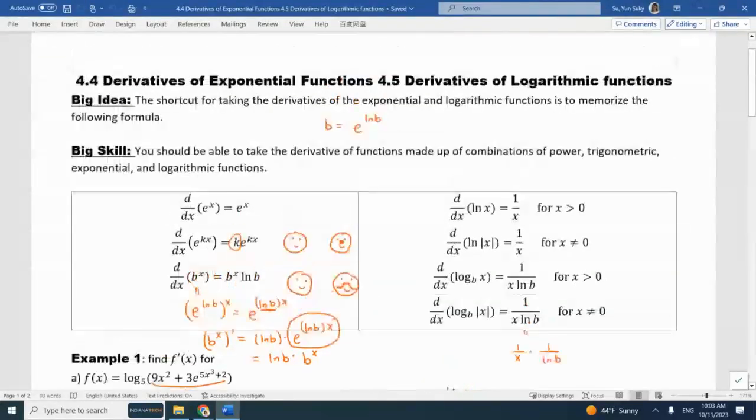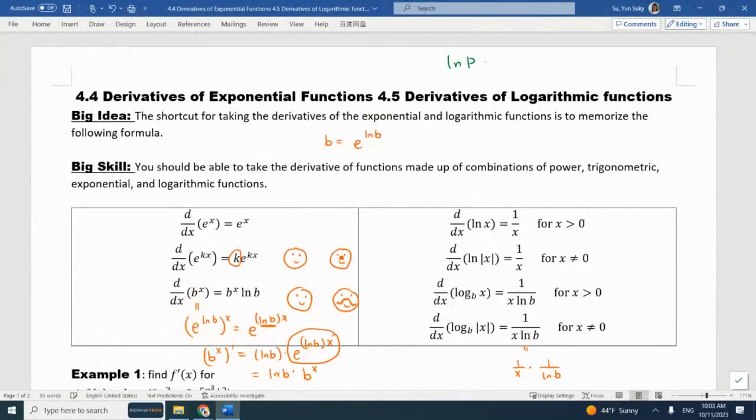We have ln p plus ln q is ln of p times q. And ln p minus ln q is ln of p over q. And if you have ln of p to the m, you can move the m down in front.